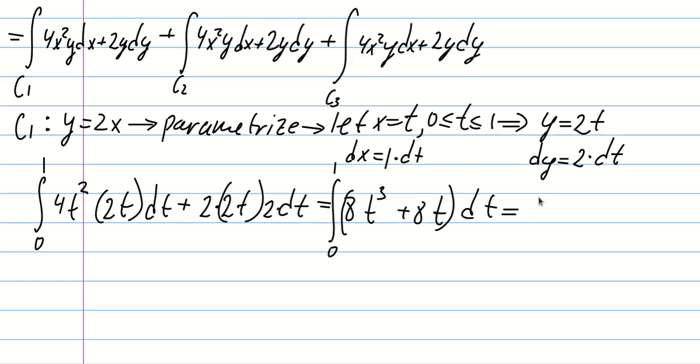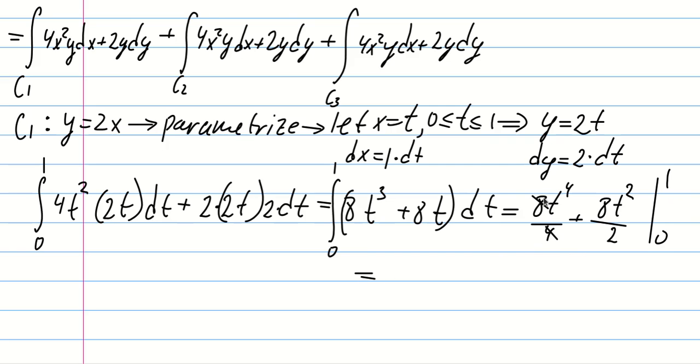So we have 8t to the 4 over 4 plus 8t squared over 2, evaluated from 0 to 1.